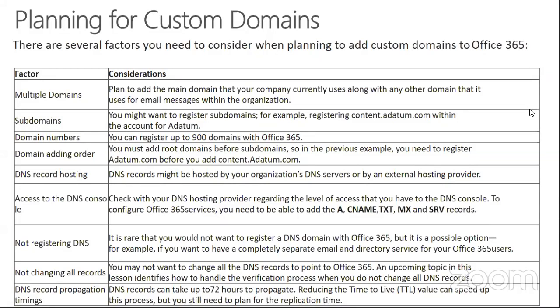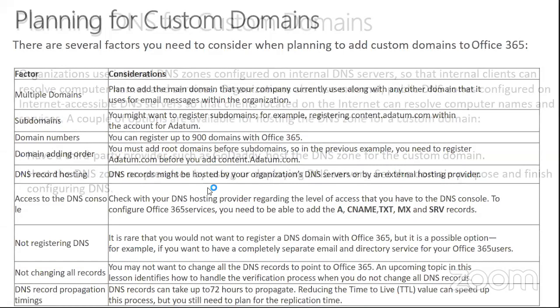So in those cases, if your DNS hosting organization does not provide that level of access, you might have to send a request to the DNS hosting provider to change the DNS records needed for your Office 365 deployment. Because not just do you need to sign up for a custom domain, you also need to verify it by adding a TXT or a mail exchanger record to your Office 365 portal to verify that you are the owner of that domain itself.